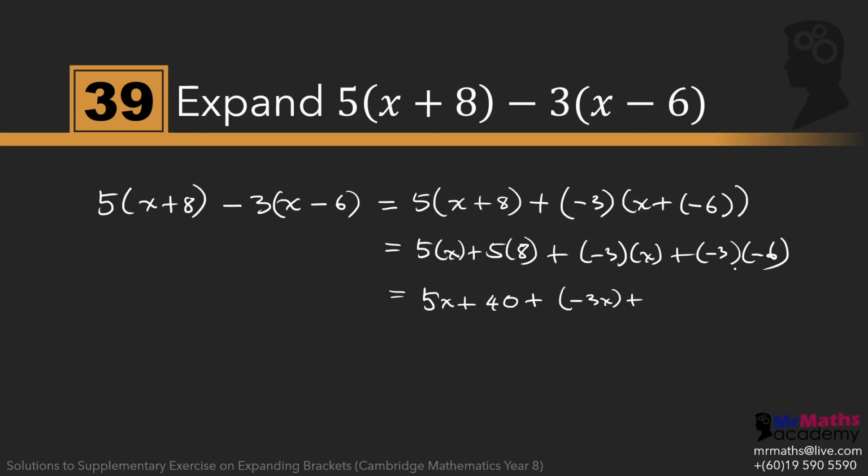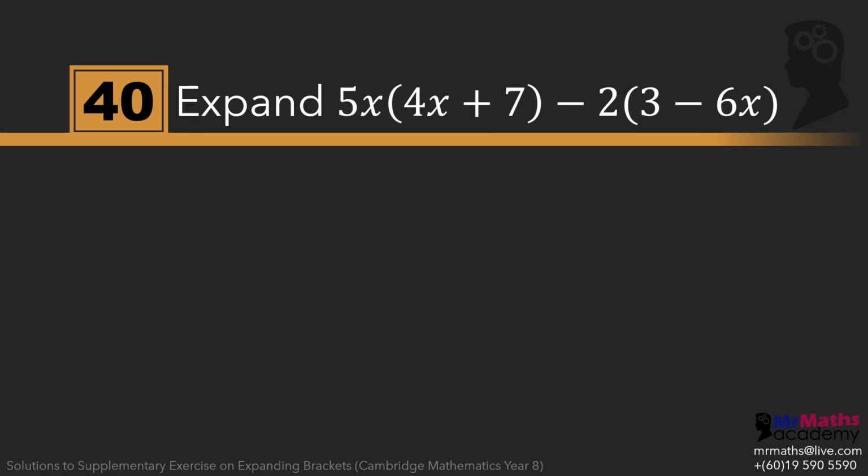So 3 times 6 is 18. So 5x plus 40 minus 3x plus 18. So we can add or subtract like terms. 5x minus 3x first, that becomes 2x. Then 40 plus 18 becomes 58. So that's the final answer.